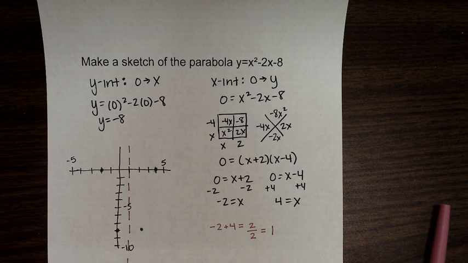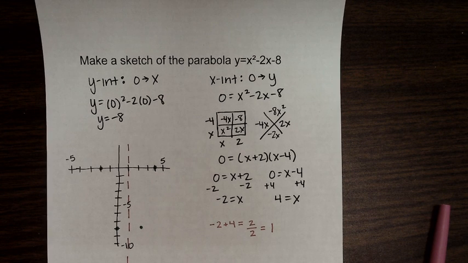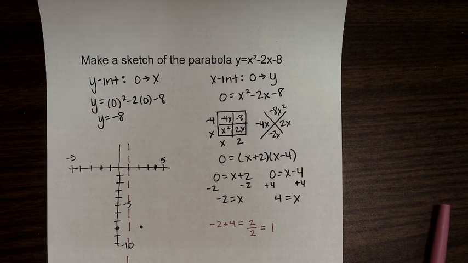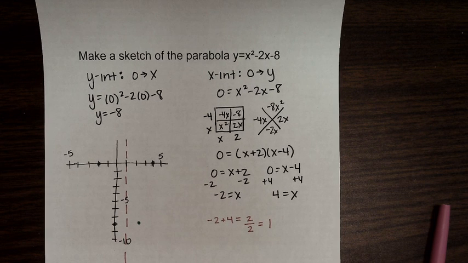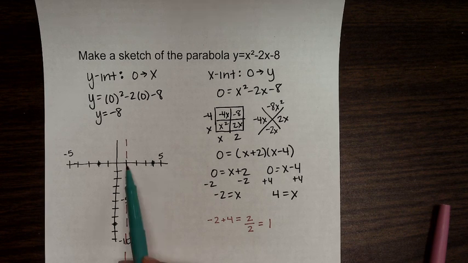This line of symmetry also helps us find a very important point. It's called our vertex. It's the highest or the lowest point. So once we figure out where our line of symmetry is, where on the x-axis, that represents our x value.